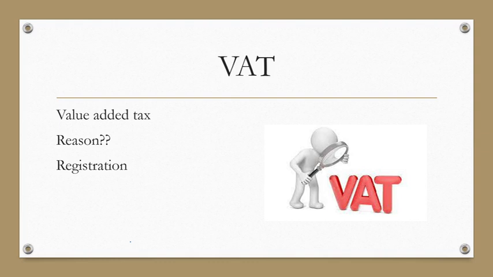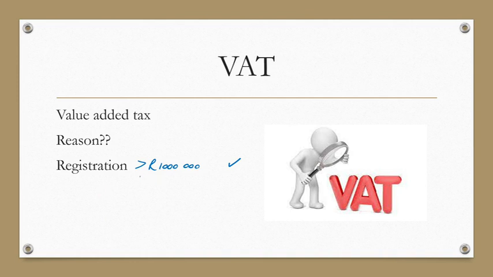Registration: you have compulsory registration and you also have voluntary registration. If your turnover is more than R1 million per year, then it is compulsory. Then you must register as a VAT vendor.